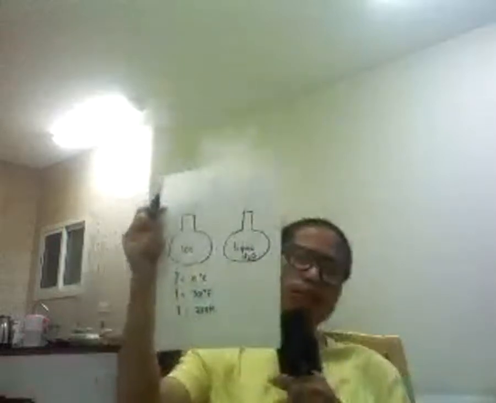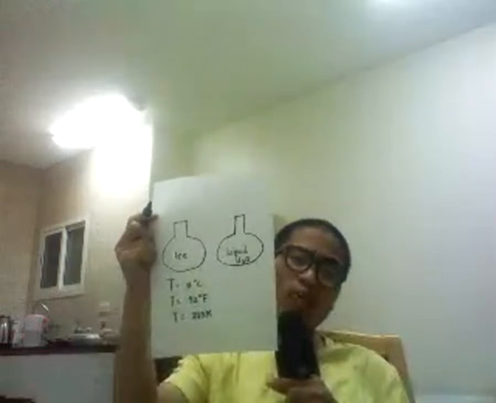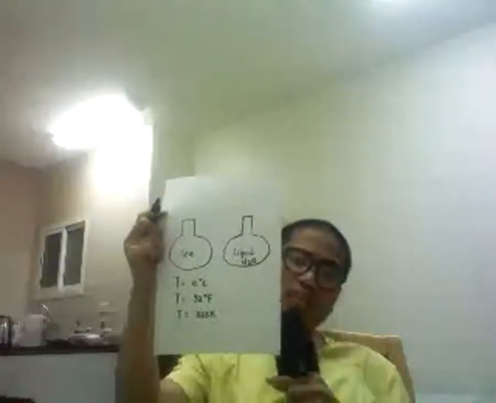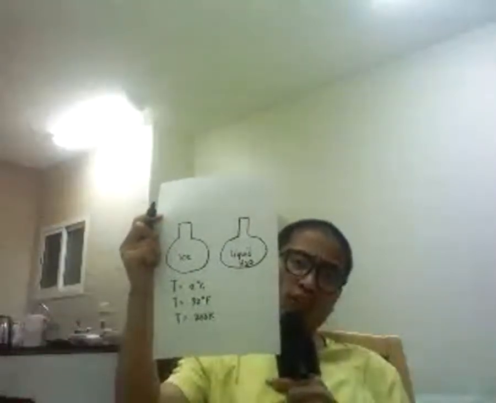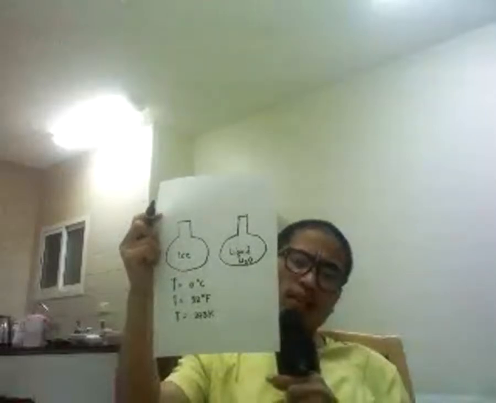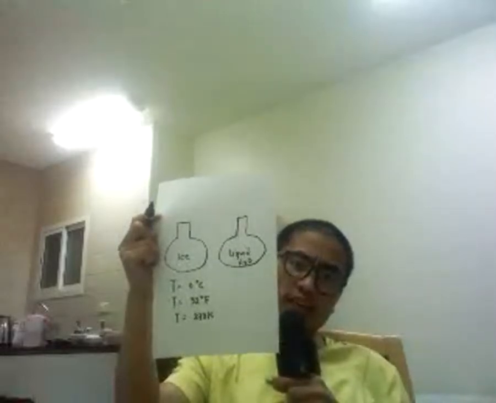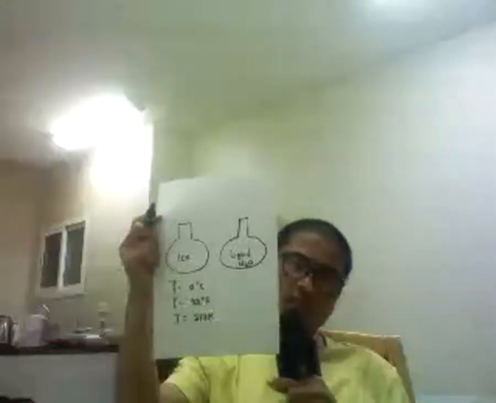The freezing point of ice, liquid turns into solid, and the temperature is 0 degrees Celsius, and then 32 degrees Fahrenheit, and the Kelvin is 273. Okay? Correct me if I'm wrong.